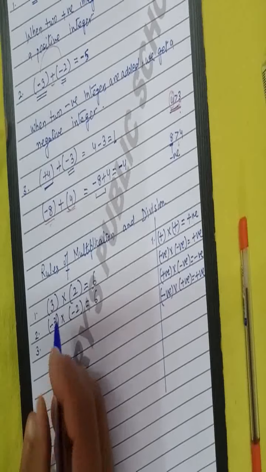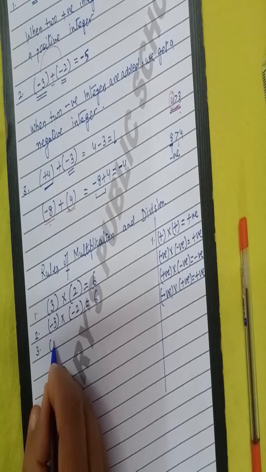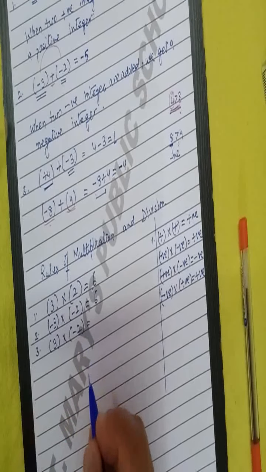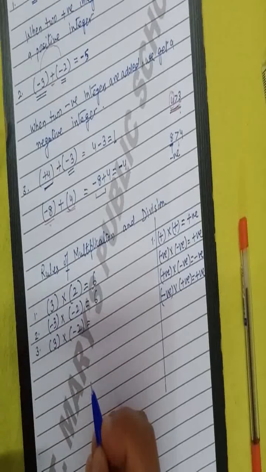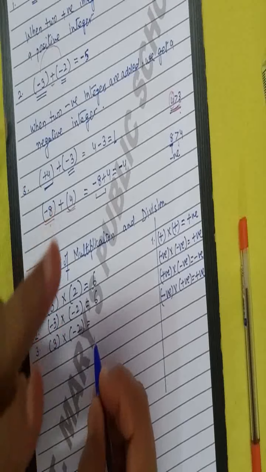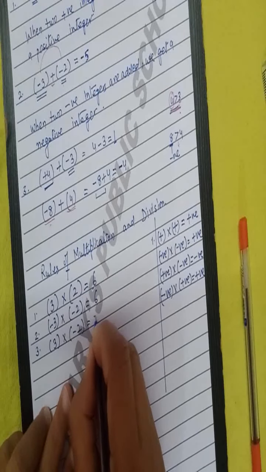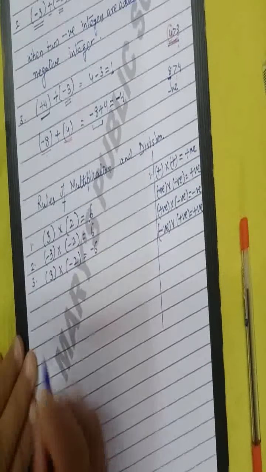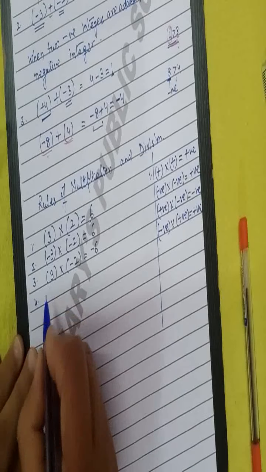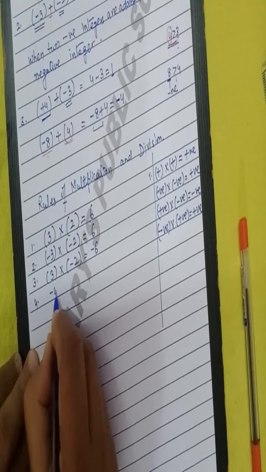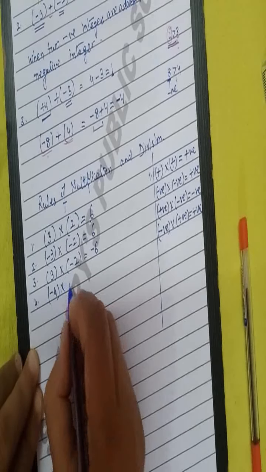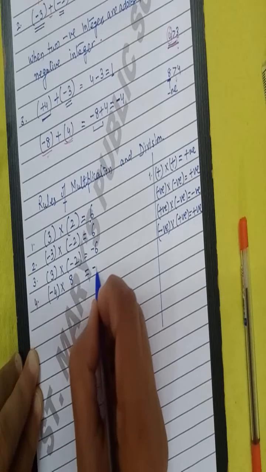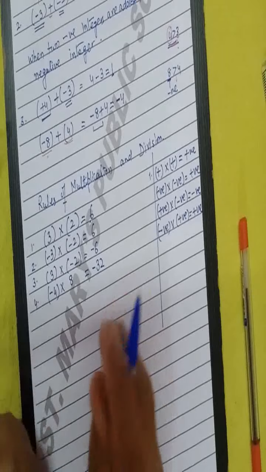Now the third one: one number is positive and the other is negative. When two different signs are multiplied, the answer is always negative. Next, minus 4 into 8, again we get a negative answer.